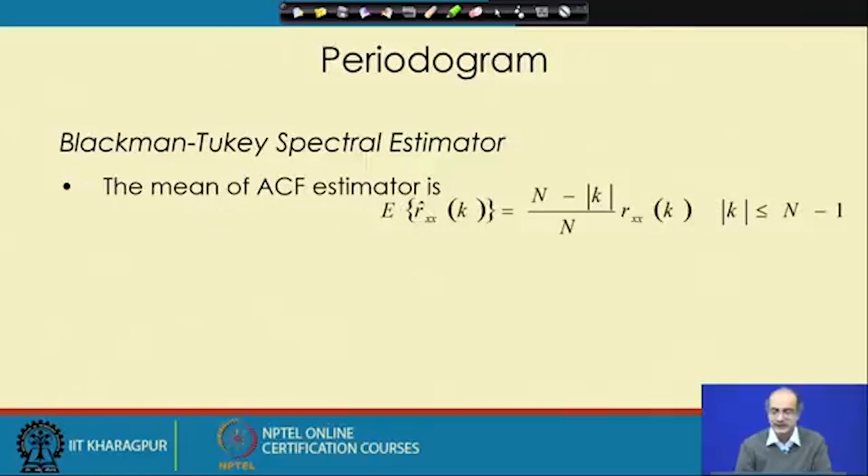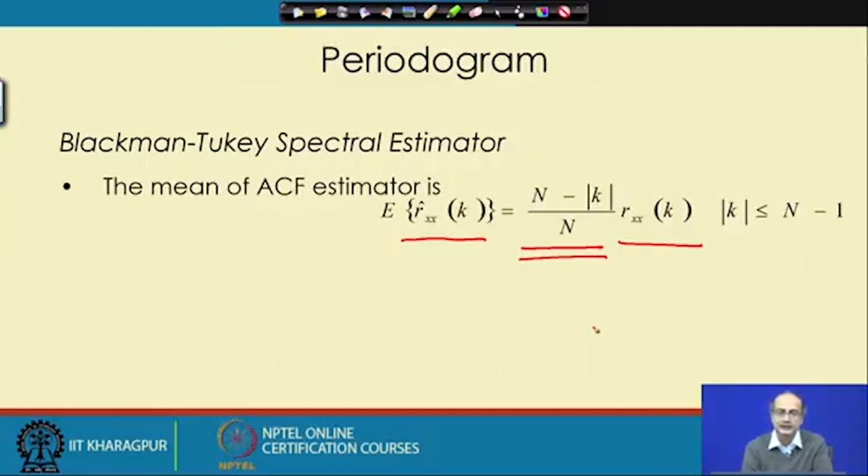The mean of the ACF that we get is actually a scaled version of the true value. If we take the expectation on both sides of the estimated autocorrelation function r hat xx[k], we get this expression: the true autocorrelation multiplied by this term, which is nothing but a triangular wave.